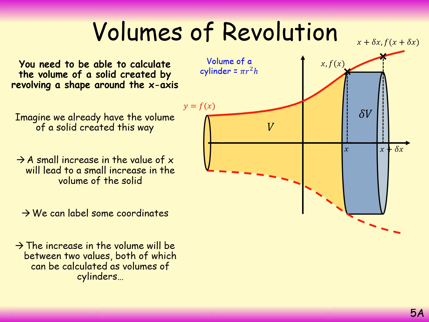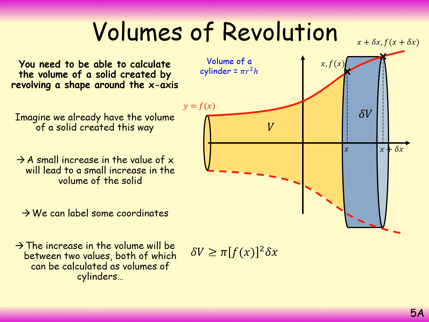So the volume of a cylinder is pi r squared h. Pi r squared, area of a circle, times by h, because a circle, as you know, is a prism, so you times it by h. So from there to there is delta x, and there to there is f(x). So we know delta V must be greater than or equal to pi f(x) squared delta x.